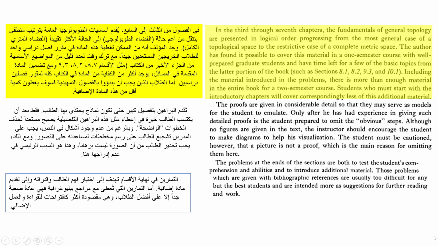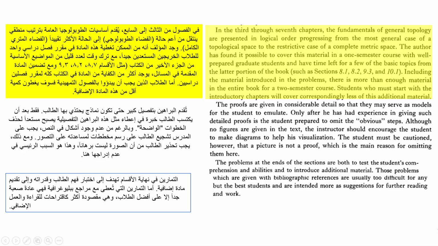In the third through seventh chapters, the fundamentals of general topology are presented in logical order, progressing from the most general case of a topological space to the restrictive case of a complete metric space.